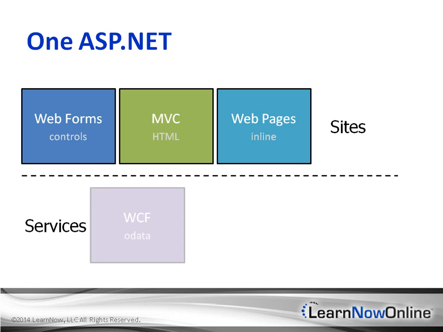On the services side, we've got the classic WCF, or Windows Communication Foundation, that came along in the .NET 3 timeframe, that allows us to map out how services can interact with an XML request coming in, HTTP, and send back data. OData is an example of a service that is implemented using WCF.